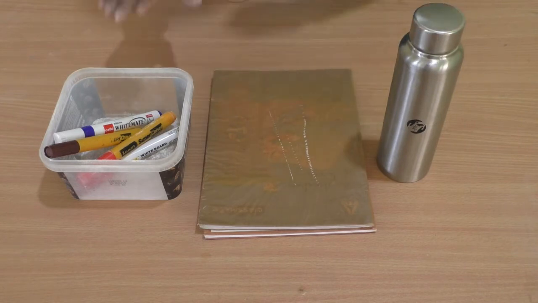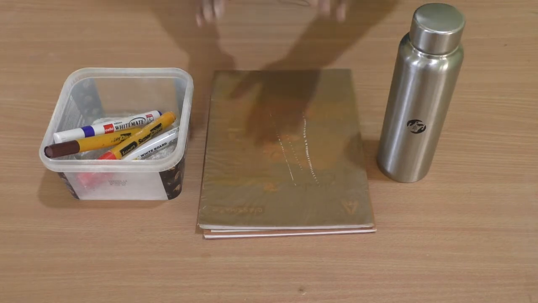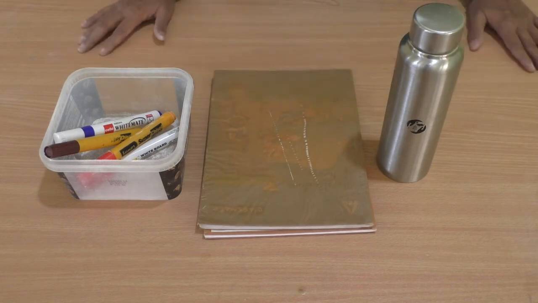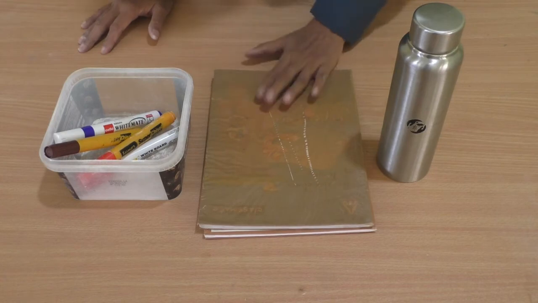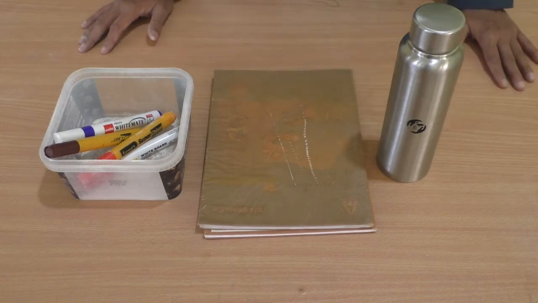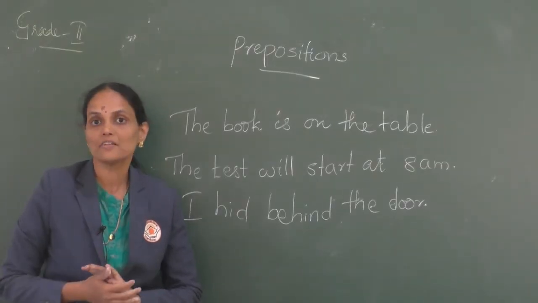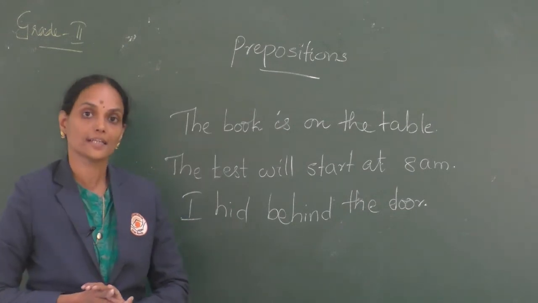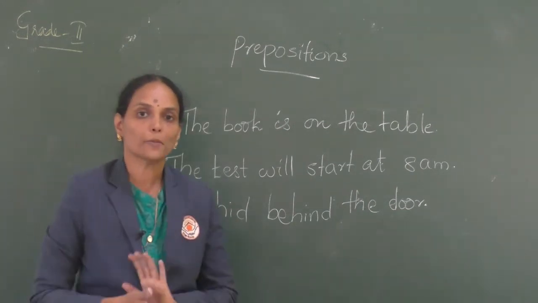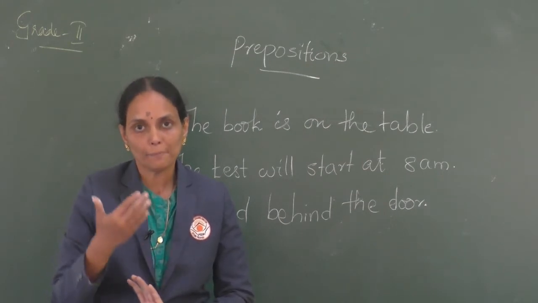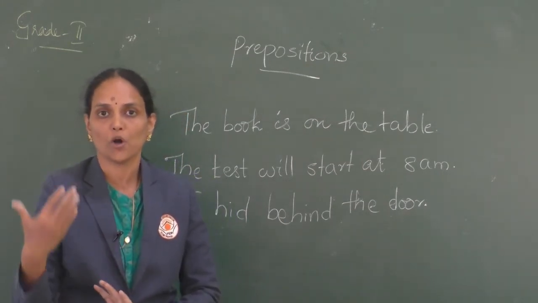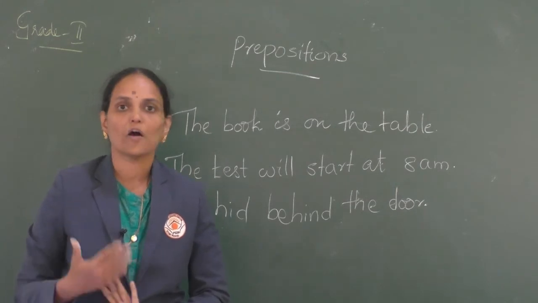Between, on, in, beside and between. These are the prepositions. They indicate the location or the position of an object. There are over 100 prepositions used in the English language. What's a preposition? A preposition indicates the place or position of an object or an animal or a person.